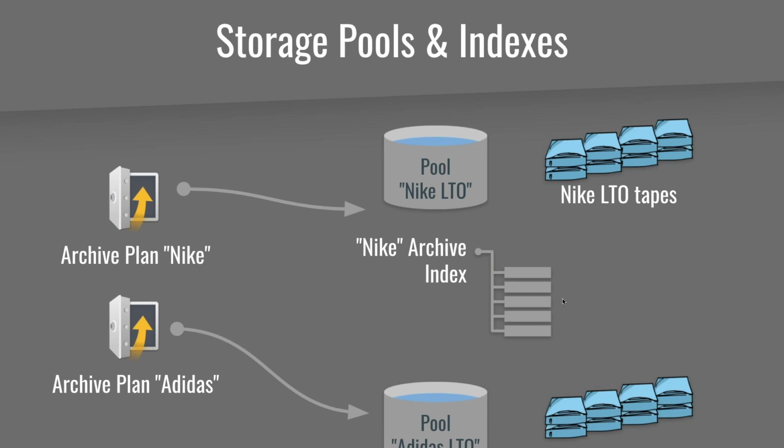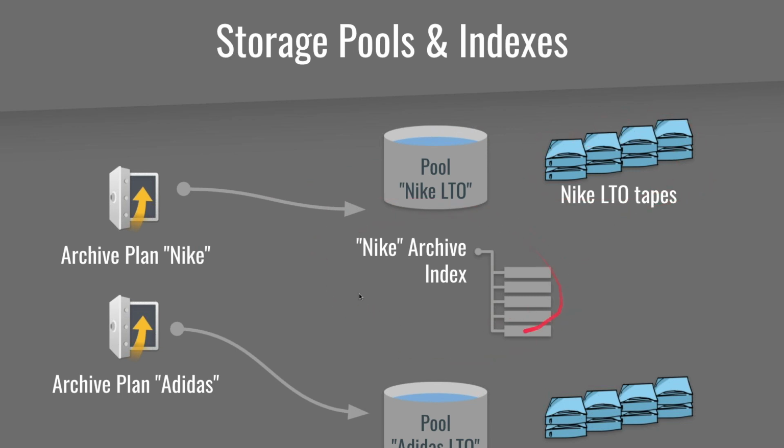Yeah, actually, the next slide kind of illustrates that, because here we've got an archive plan which has both a pool and an index. And what I've done here is I've said maybe we are an advertising agency that are doing ad spots for Nike and for Adidas. So we create an archive plan just for Nike, which has a storage pool with 8 tapes in it, just Nike tapes.